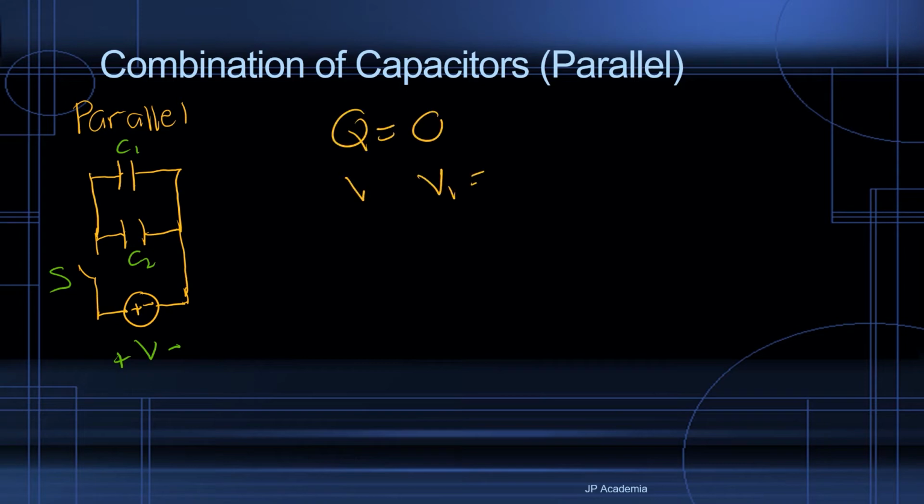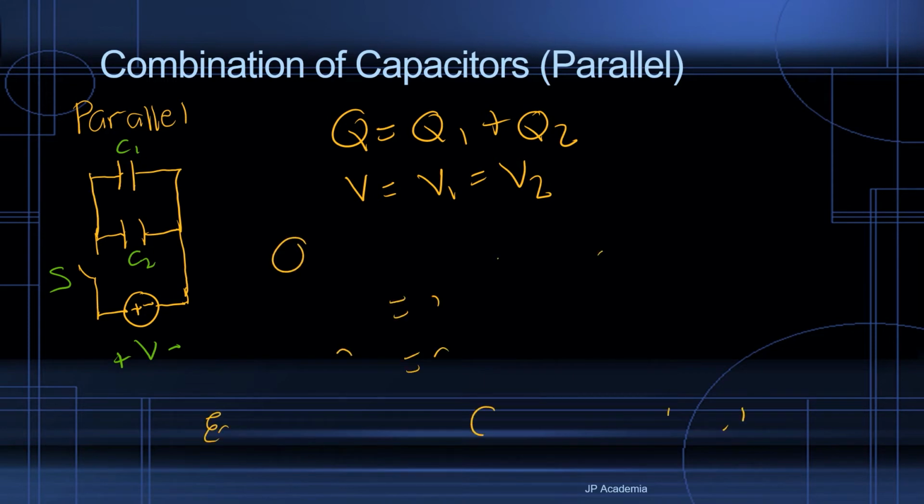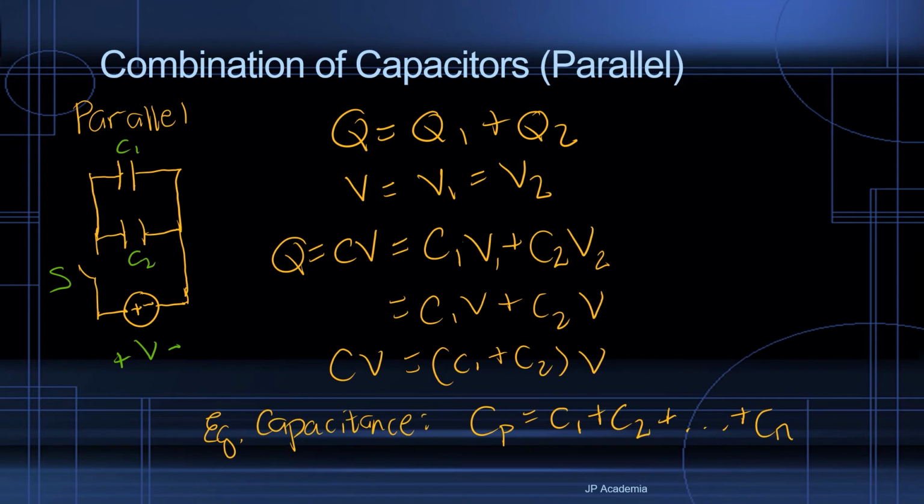Also, the charge Q from the battery is distributed to the charge going to capacitor 1, so that's C1, and the charge going to capacitor 2, so that's C2 or Q2 for the case of charge. And therefore, we can have the following derivation. Given this expression for the charge, Q is equal to CV, we can get the total charge for C1 and C2.